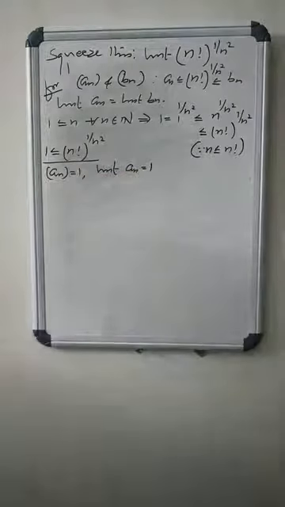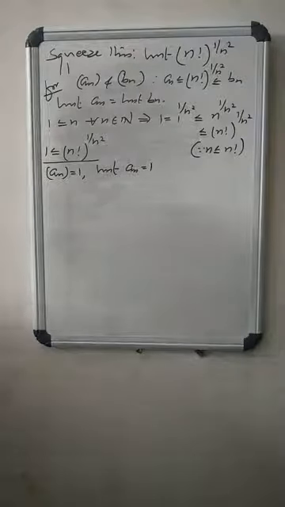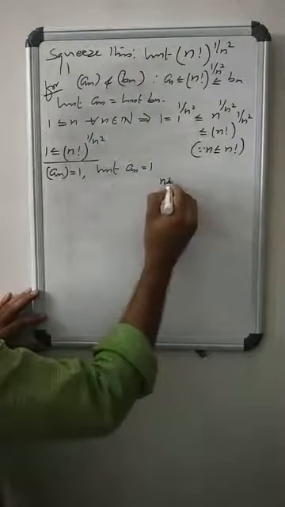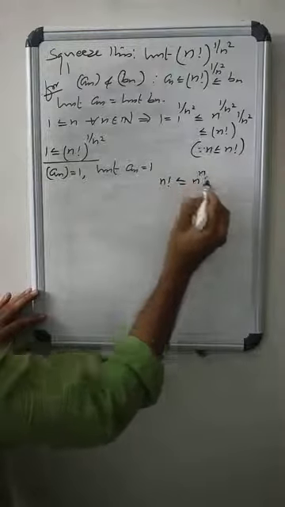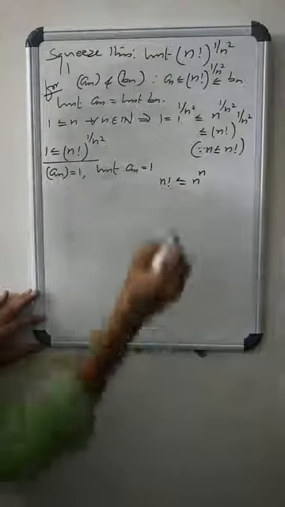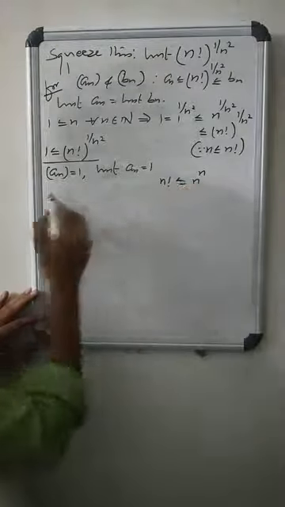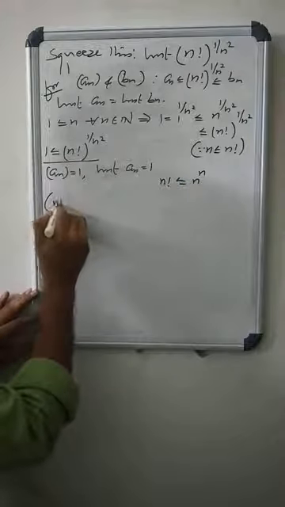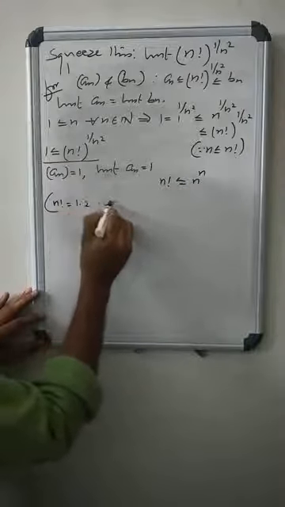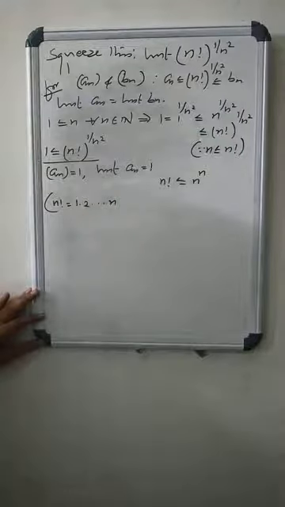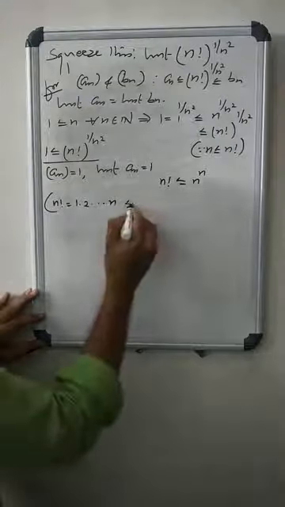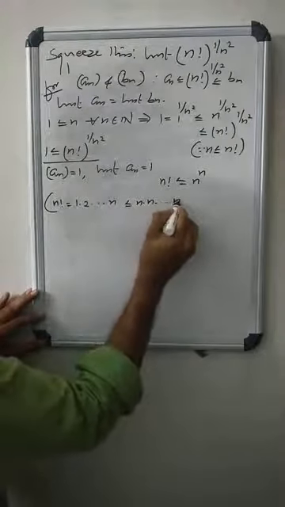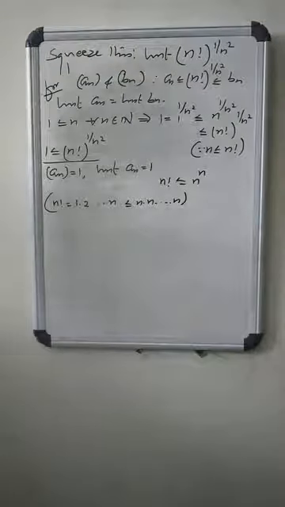Agreed? Now choose bn. We know that n factorial is less than or equal to n power n. Why? Because n factorial means 1 into 2 into etcetera into n, which is less than or equal to n into etcetera into n. So n factorial is less than or equal to n power n.